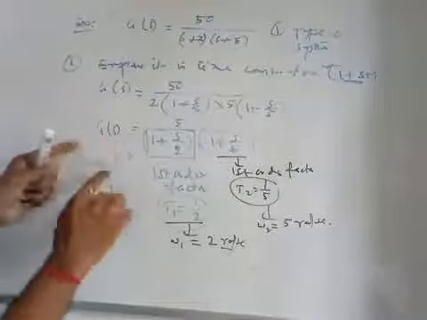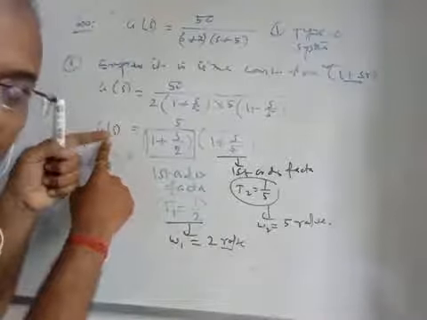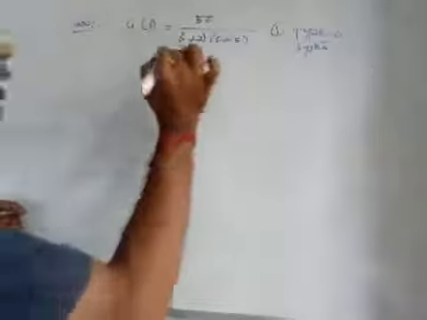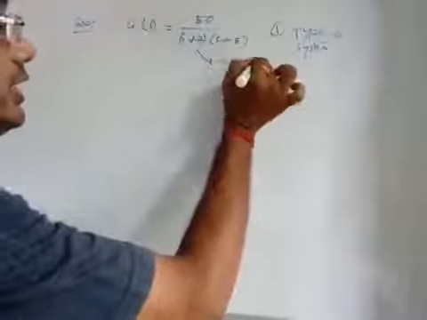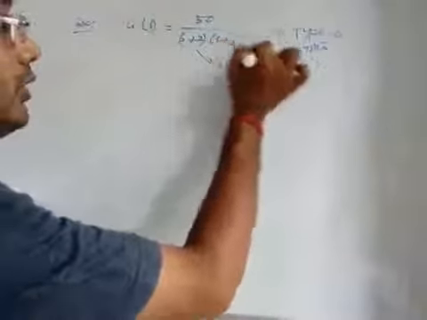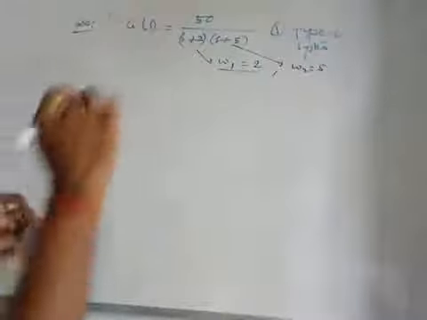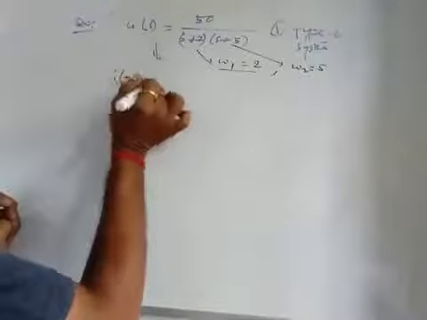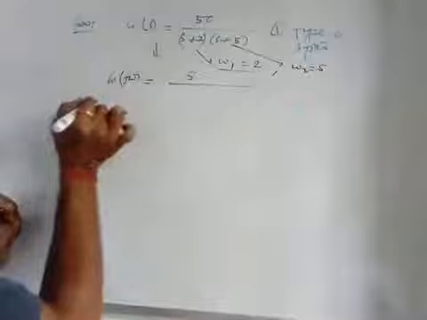Next step, we will convert this time constant form into the sinusoidal transfer function form, right? We get the corner frequency corresponding to this factor equal to 2, and corresponding to that one equal to 5. That much we know, and we get G(j omega) by putting s equal to j omega.